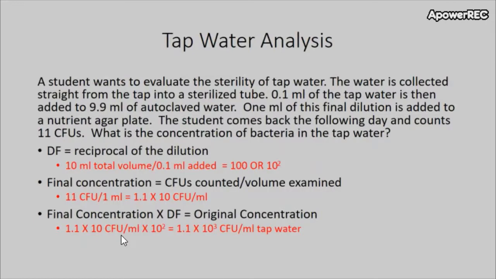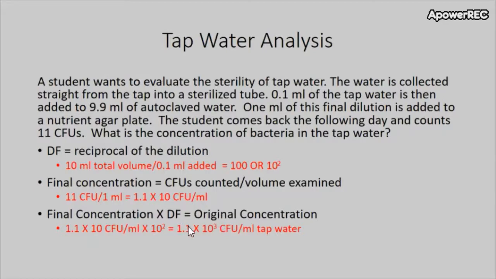It's very easy to do calculations involving large numbers, because of these exponents. So we had our 1.1 times 10 to the 1, or just 10 CFUs per mil. If we multiply that by our dilution factor, which is 10 to the second, you just add these two together. So 10 to the first times 10 to the second is equal to 10 to the third. So that becomes 1.1 times 10 to the third.